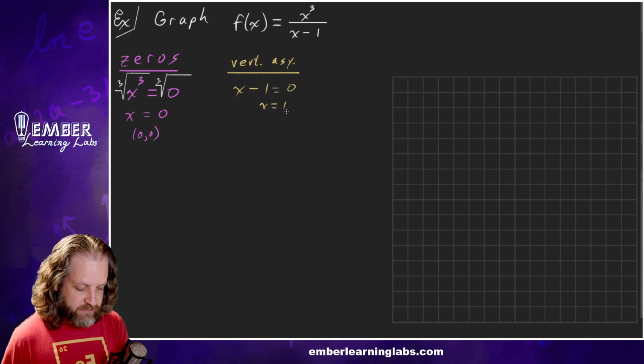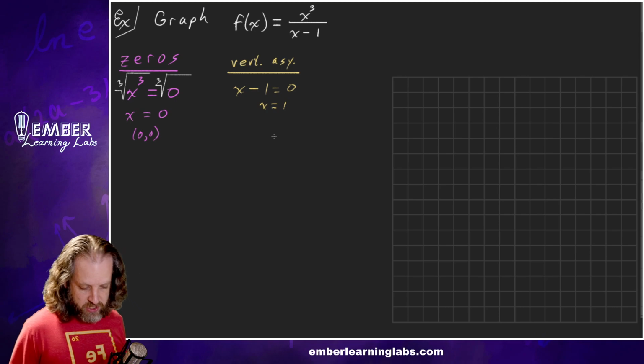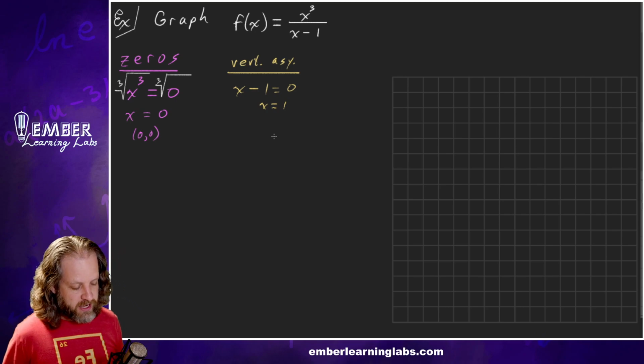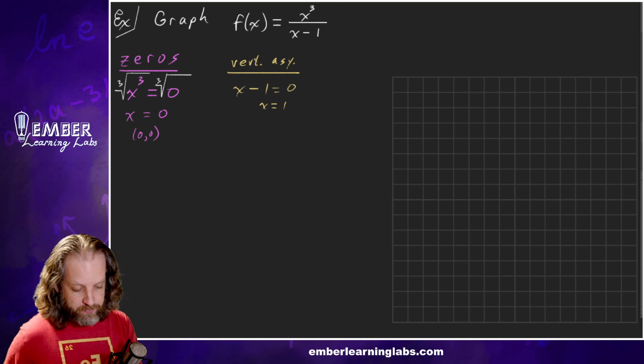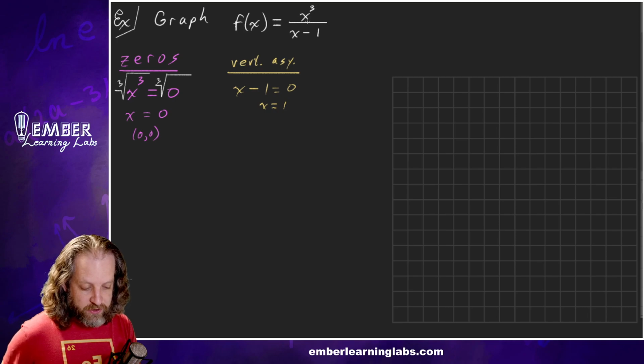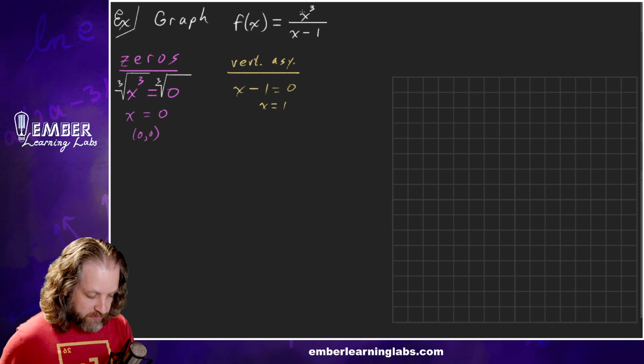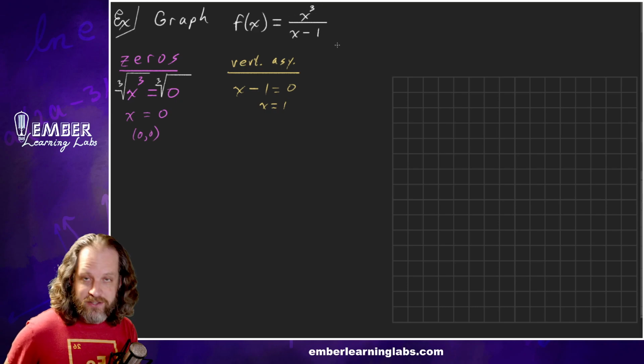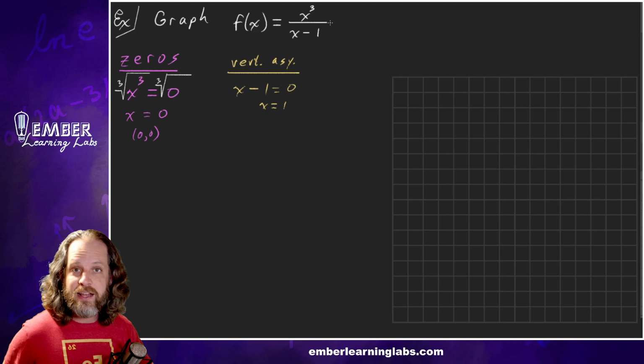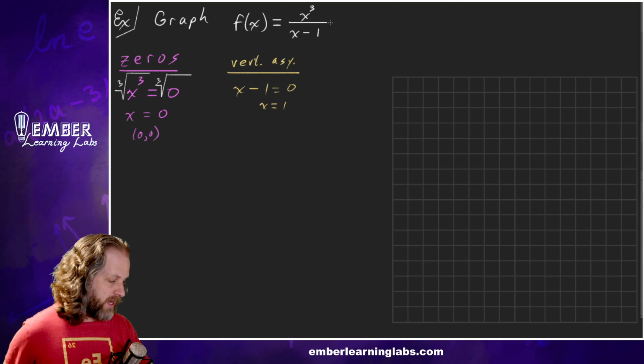So there's a vertical asymptote at x equals 1. Does it have any horizontal asymptotes? In this case, x cubed, the degree of the top is 3, and the degree of the bottom is 1. Since the degree of the top is greater than the degree of the bottom, it doesn't have any horizontal asymptotes.